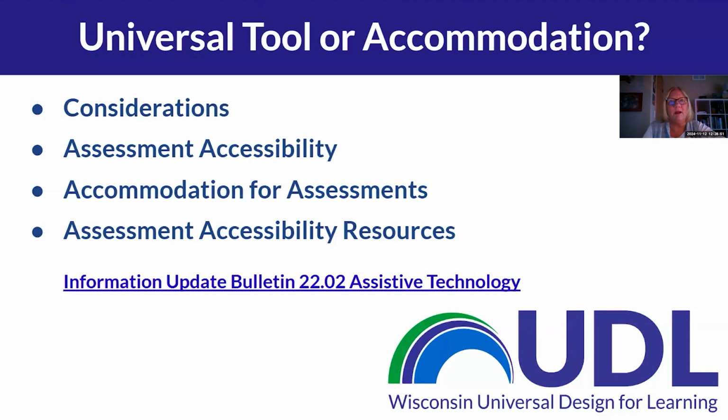So you have to think about the right match of that tool and how and when it's going to be used, and should be matched to instruction. We should be using the accessibility features, normalizing it right throughout the student's day and school life, so that when we come to an assessment, it's not a new tool to be used.